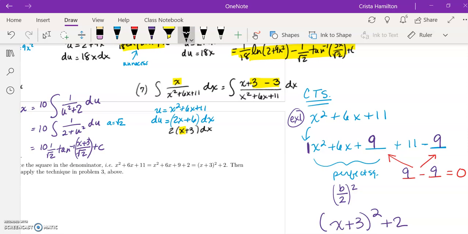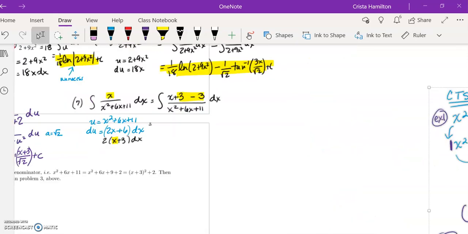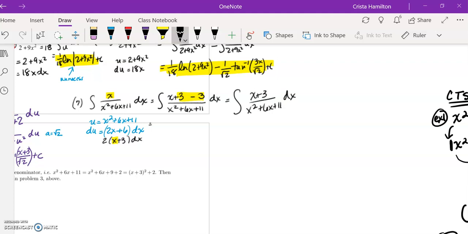So coming down then, what that allows me to do, and I'm going to pause for just a second. All right, so I just moved my completing the square notes out of the way. Now, once I have that, when I split it, it's going to become x plus 3 over x squared plus 6x plus 11 dx, minus, because I subtracted, 3 over x squared plus 6x plus 11 dx.